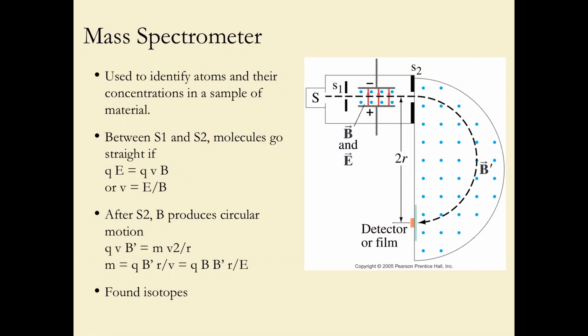And here the sample is ionized, so the positive ions are accelerated through a potential difference delta V between S1 and S2. So here it's a negatively charged plate, this is a positively charged plate, so the electric field between these two is upward. The red arrow shows the direction of the electric field. And here there is also a magnetic field which is out of the page.